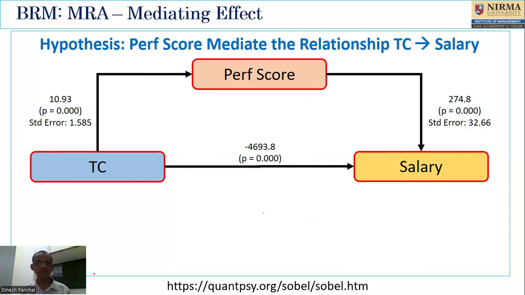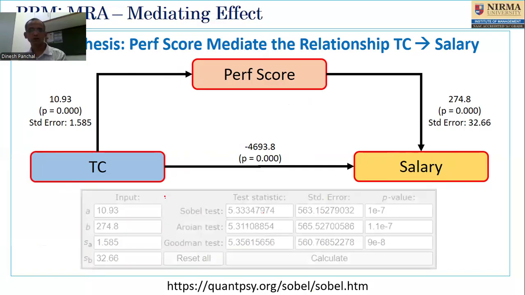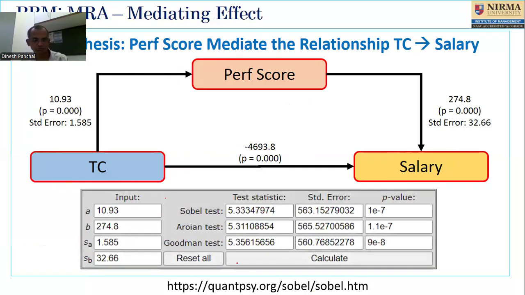Go to this website and open this table, app or widget. Here, this is path A and this is path B. So the path A coefficient, that is this 10.93, will come here, and the path A standard error, that is 1.585, will come here.